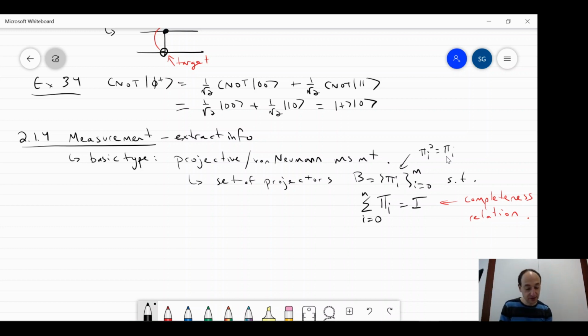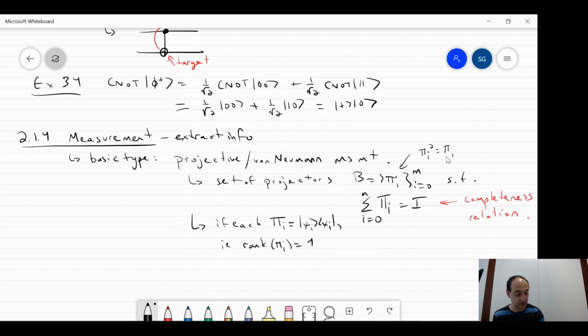And the special case of this that we will often use in this course is, each of these projectors could be a high rank operator, but the most basic case is when each Π_i equals some state ψ_i, so it's basically rank 1. The rank of Π_i is equal to 1.